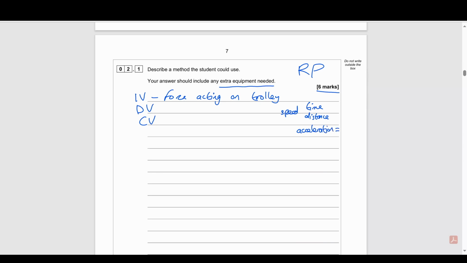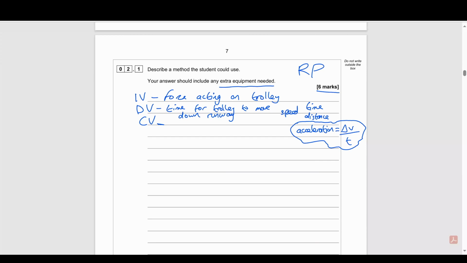Because our equation for acceleration is going to be the change in speed divided by time. So by doing these short calculations, we are then able to find the acceleration. But the dependent variable in the experiment would actually be the time for the trolley to move down the runway.